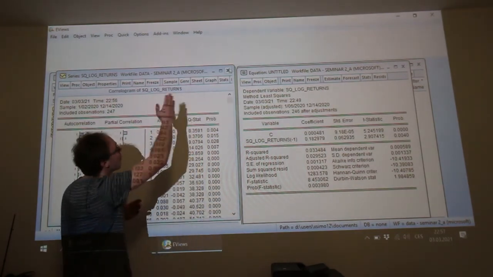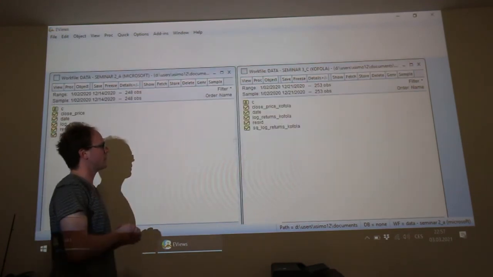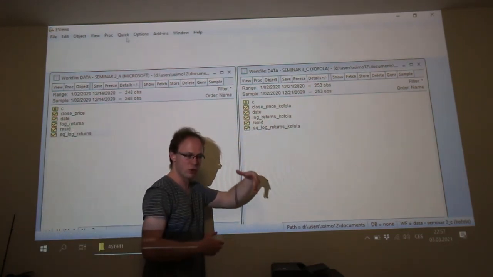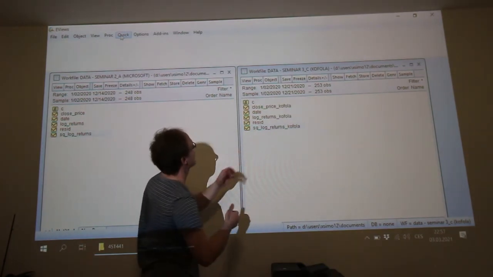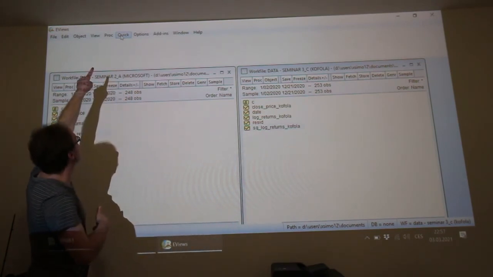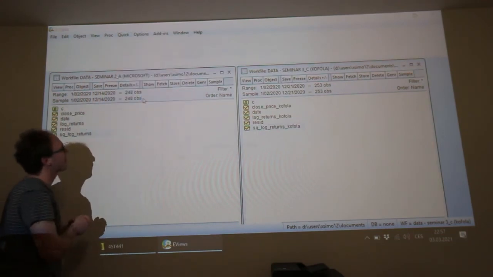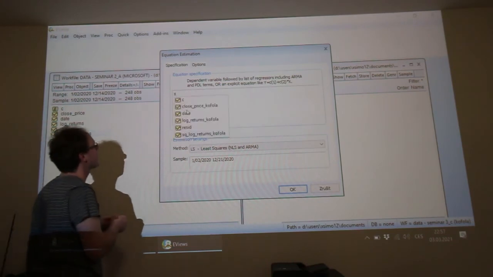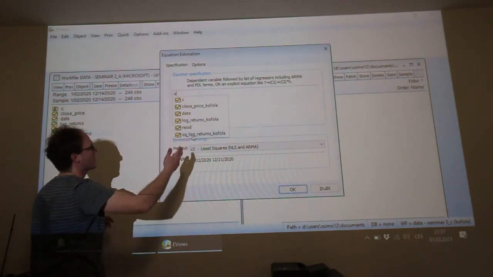Okay, so we can close these two windows and we can create another model, an artificial regression according to Breusch and Godfrey. We have activated this work file. We can click on the quick button and estimate equation. We know that the dependent variable is squared log return Cofola.